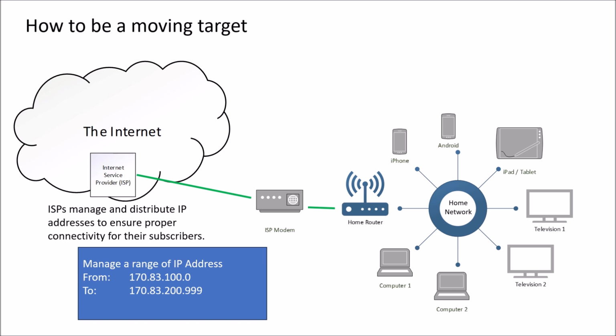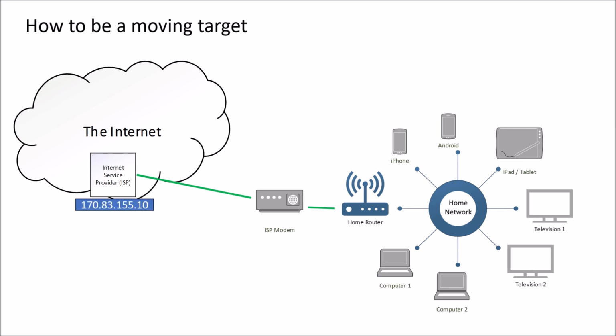That IP address will be established by the external internet service provider. And there's a range of possibilities, because when you connect, the internet service provider will go through a whole bunch of available IP addresses and then assign you the one that it sees fit.